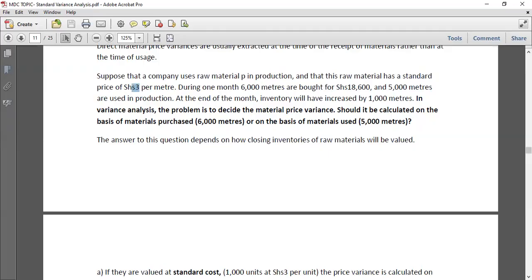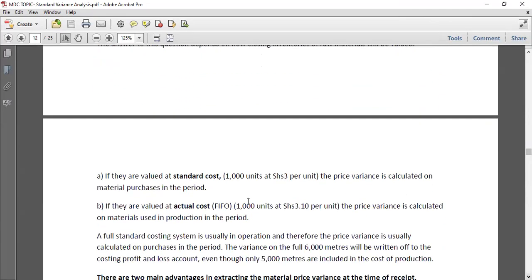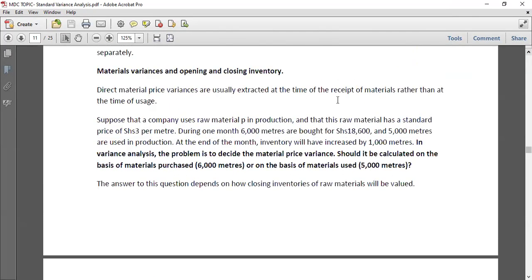Then if we are using FIFO, or actual cost, we use 1,000 times 3.10, which is your actual unit cost, 18,600 divided by 6,000.